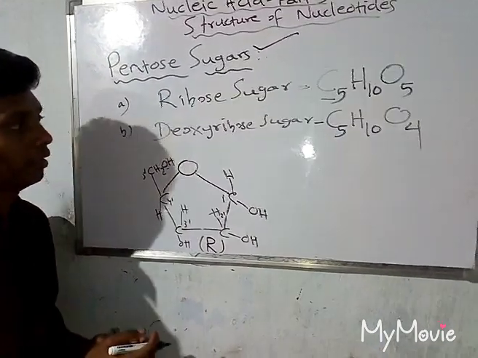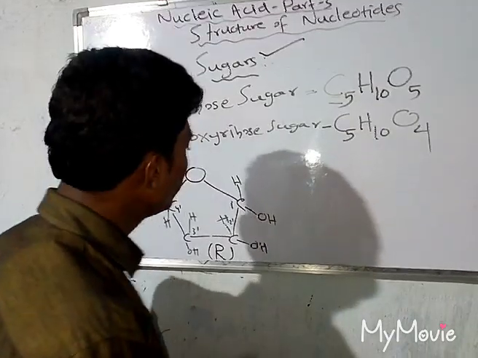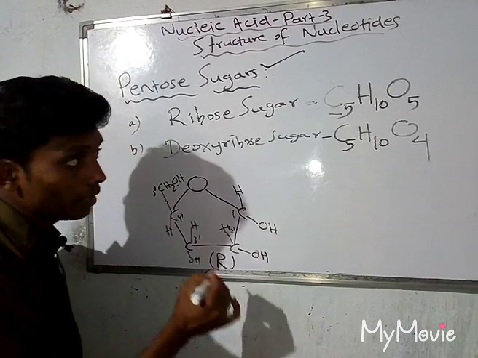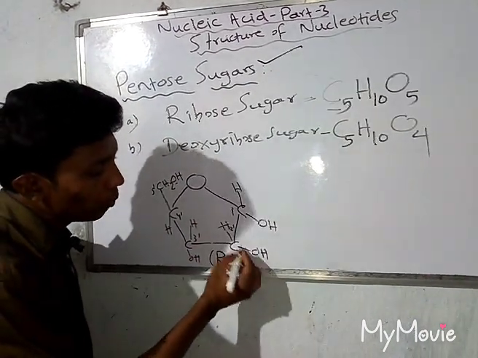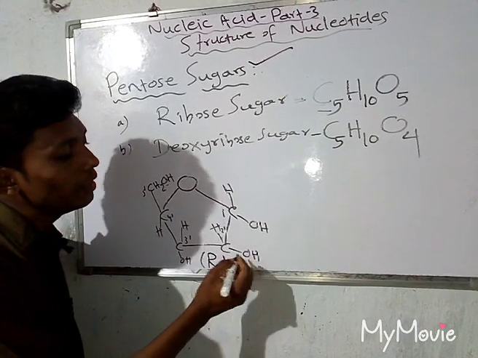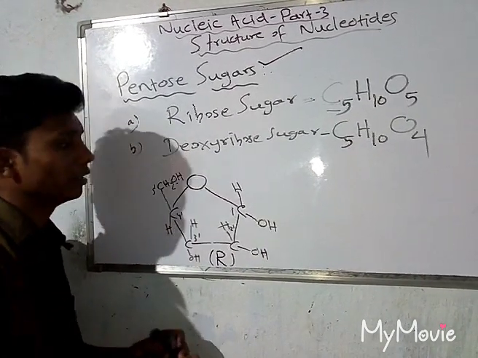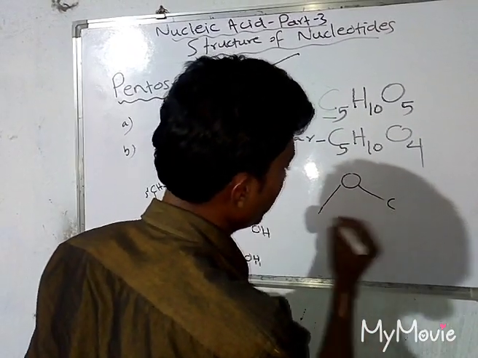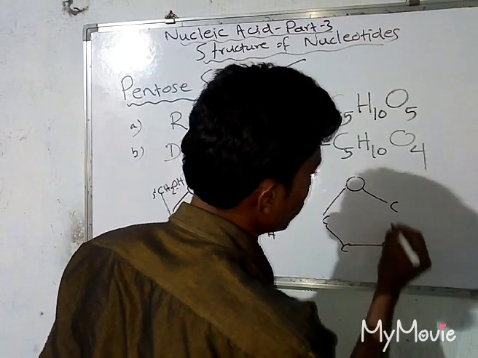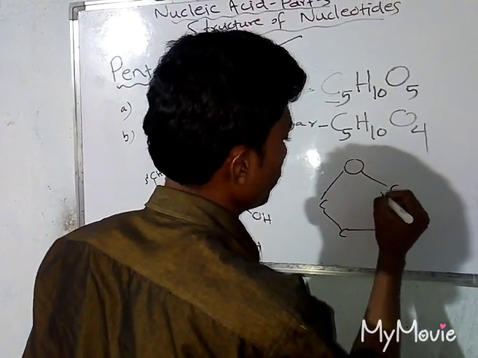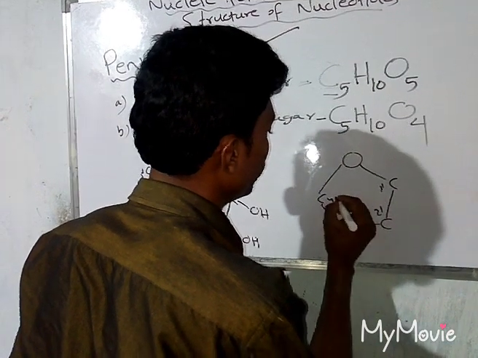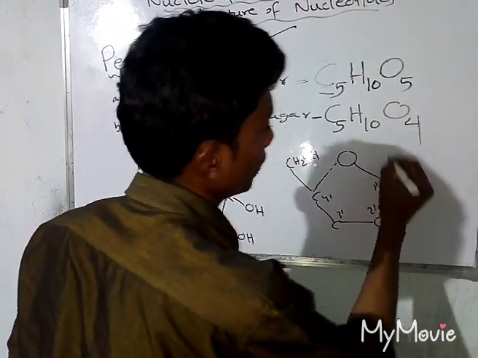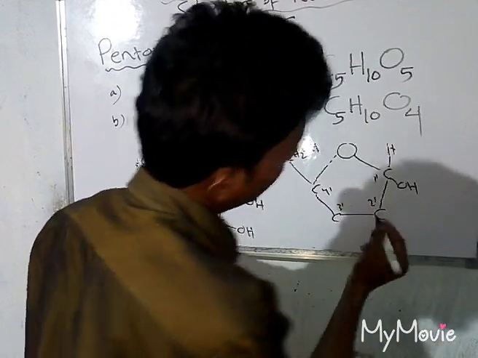But the structure of deoxyribose sugar is just similar to ribose sugar. But here what happens? Only at the 2 prime carbon atom, oxygen is absent. So the structure of deoxyribose sugar would be a just similar structure like this: this is the first carbon, second, third, fourth, and this one is the fifth carbon atom here, hydrogen, OH.